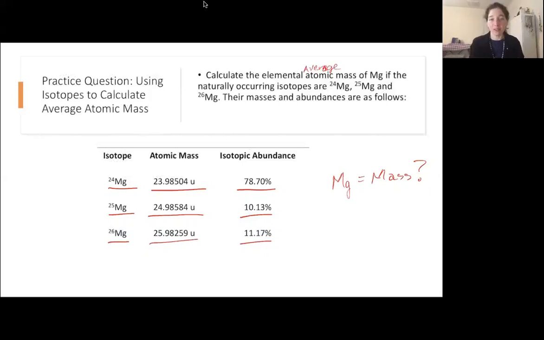All right, so in order to solve this problem, what we're going to look at is the abundance and the atomic masses. So we're going to write all these down. Now, when you do this, be very careful to use the full numbers. These are very accurate numbers. You might be asked as well to report your number to so many decimal places, so you're going to need to make sure you use these. If you round, you might get the wrong answer.